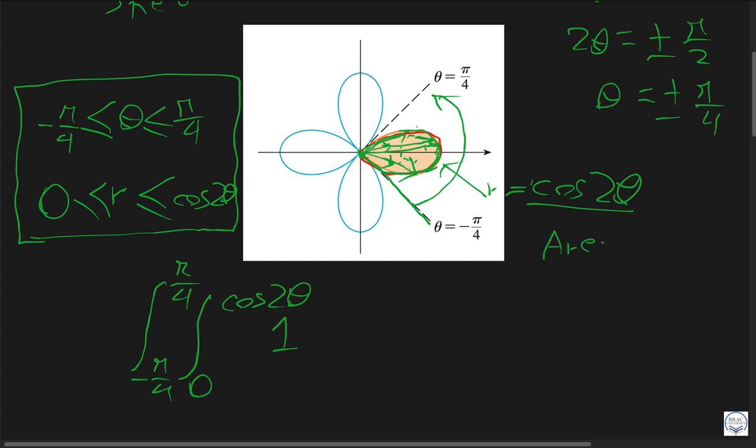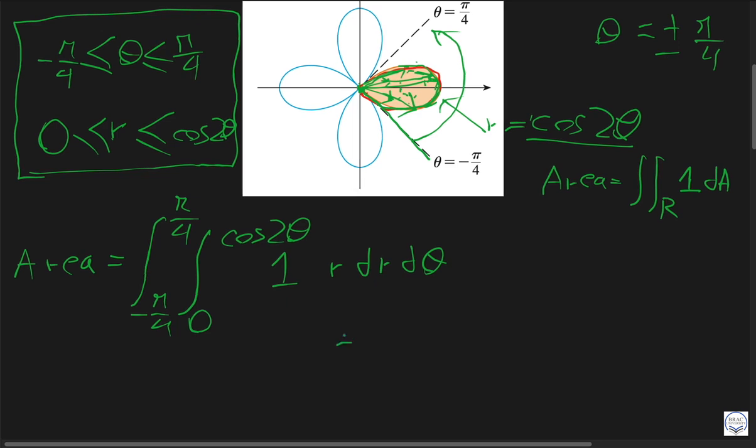In other words, area equals the double integral over a particular region of the function 1 dA. So dA is just r dr d theta, and we integrate the constant function 1, and this is my area.